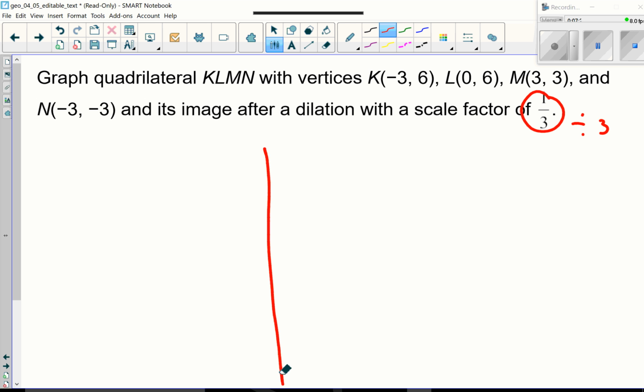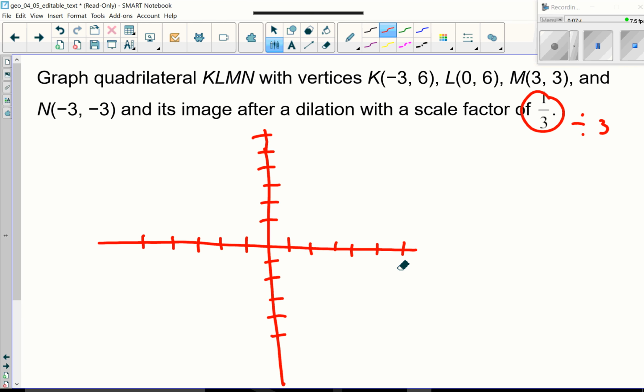So if we go ahead and do that, again, 1, 2, 3, 4, 5. 1, 2, 3, 4, 5. Make it 6. Sorry, 6. 1, 2, 3, 4, 5. 1, 2, 3, 4, 5, 6. A little close there.